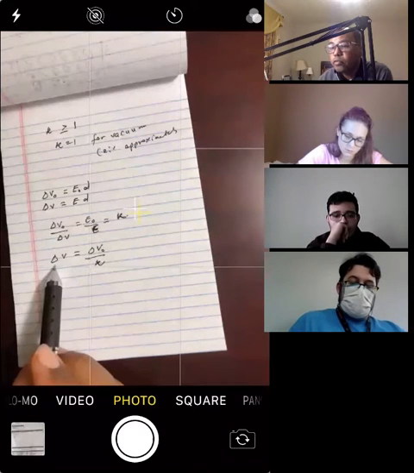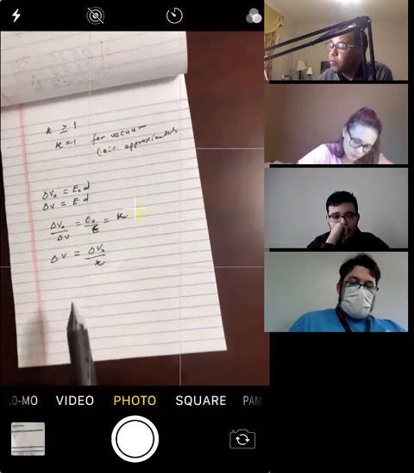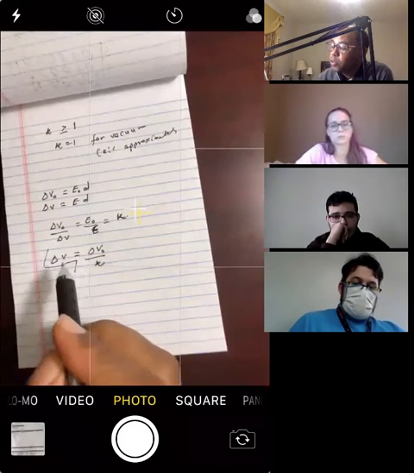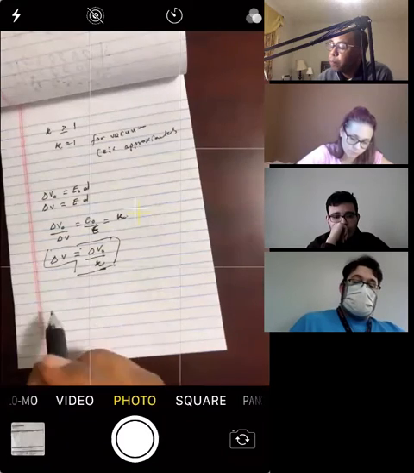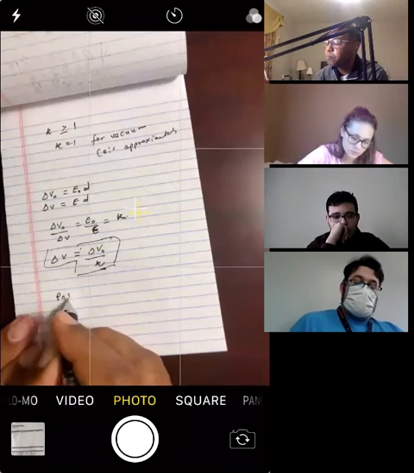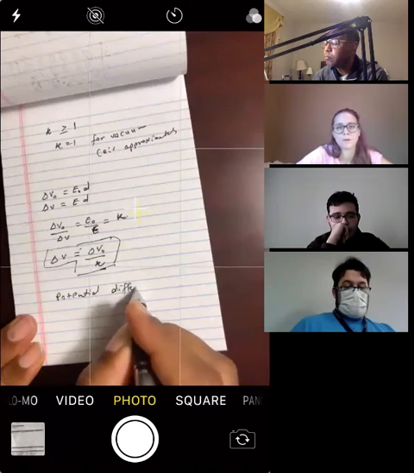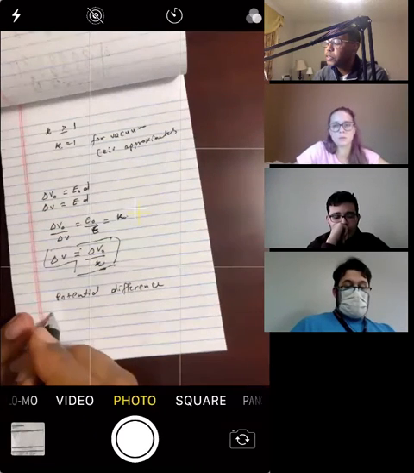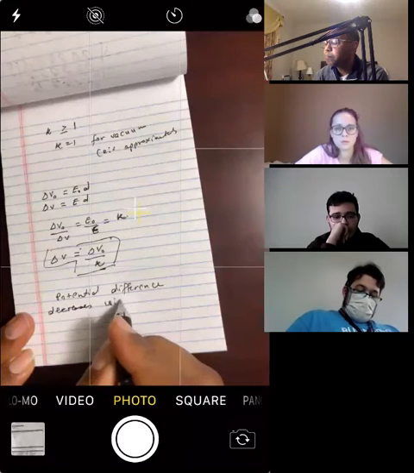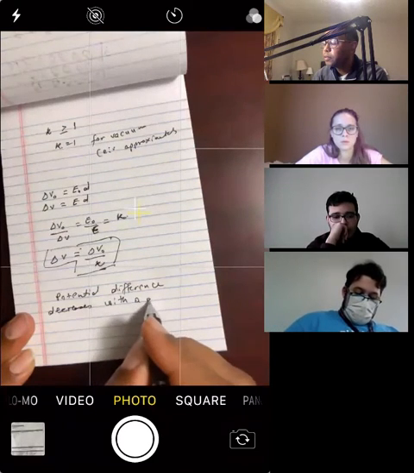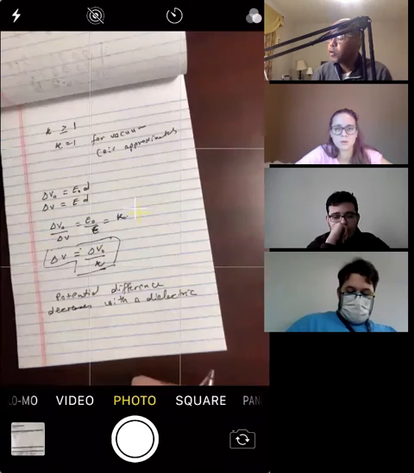So the new potential difference is smaller than the original potential difference. The conclusion is that the potential difference decreases with a dielectric. How about for capacitance?